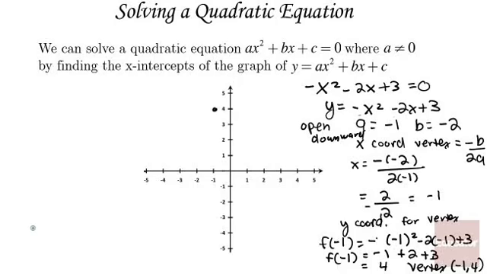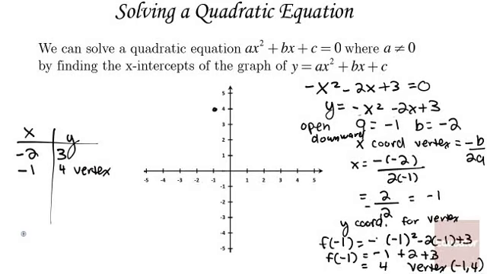Let me choose some x values and find the corresponding y by substituting those into the function. When x is negative 2, you get negative 2 times negative 2 is 4, the negative of that is negative 4, and then negative 2 times negative 2 is positive 4. So the 4's cancel out, and that's going to leave you with 3. When x is negative 1, we already know that y is 4 because this is the vertex.